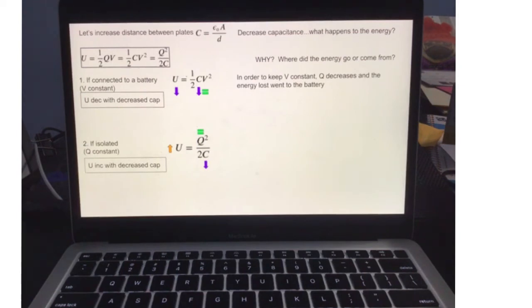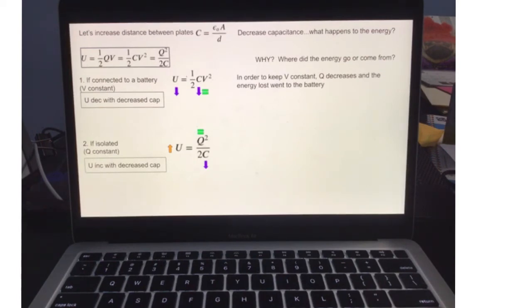When you're connected to the battery, remember what a battery's job is. A battery's job is to keep the potential difference across the terminals constant, and the way that it does that is it sends charge or takes in charge. So imagine you have increased the distance between the plates, which decreased the capacitance.